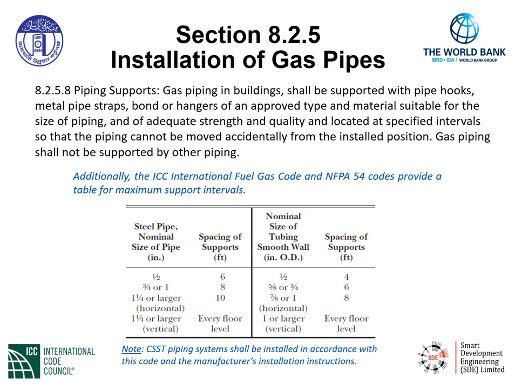The left-hand side of the table gives us requirements for steel pipe of various sizes and the spacing of supports. On the right side, it gives us information for the nominal size of tubing, smooth wall tubing in the outside diameter, as well as spacing of supports.